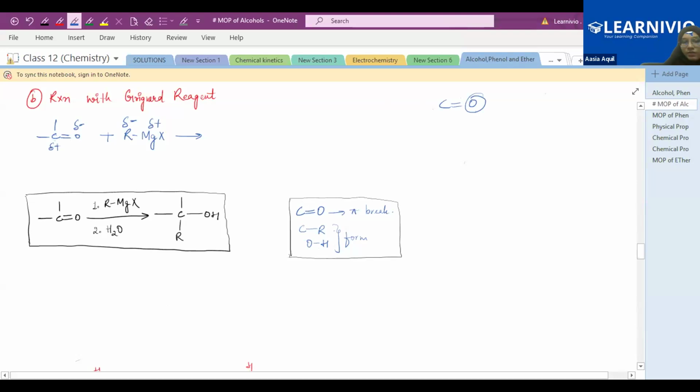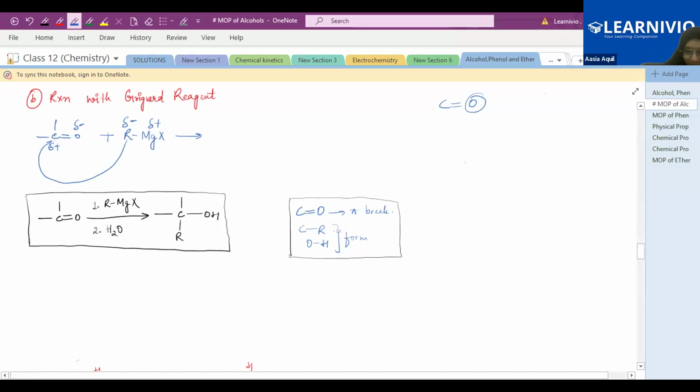This is very important, to differentiate which one will acquire partial positive charge or negative charge, because opposite charges attract. This R group has a negative charge, so this alkyl group will attach to this carbon. Why? Because this carbon is electropositive, and unlike charges attract each other. Where will it attach? This carbon.